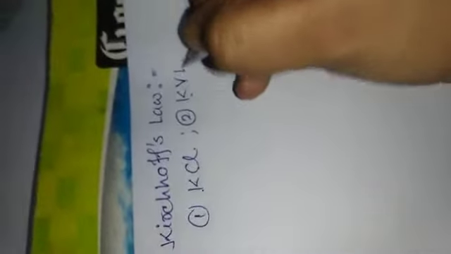One is KCL, Kirchhoff's current law, and the second one is KVL, Kirchhoff's voltage law. First I will discuss KCL, and I will continue with this law with an example.